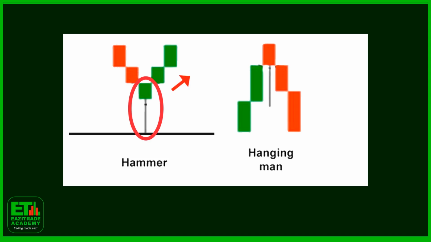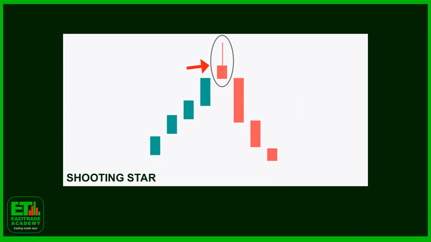But when you see this shooting star, which is an inverted hammer, being formed at the resistance zone, this is a signal that the market is about to change direction and that the market is about to take a dive to the downside.